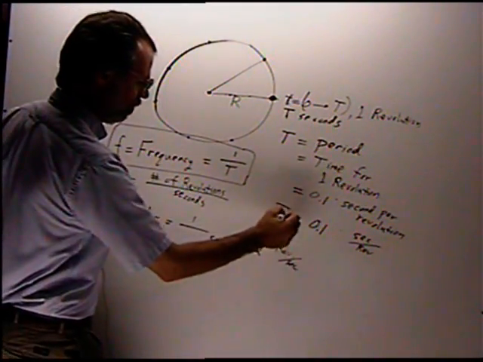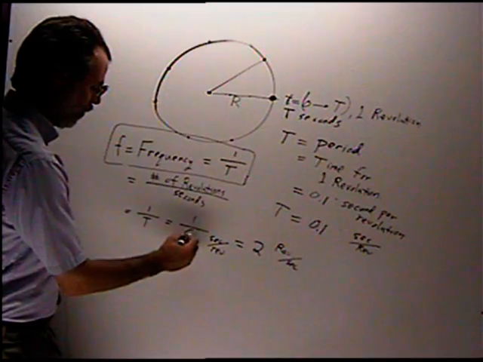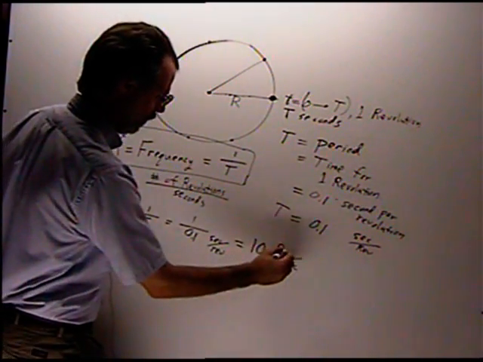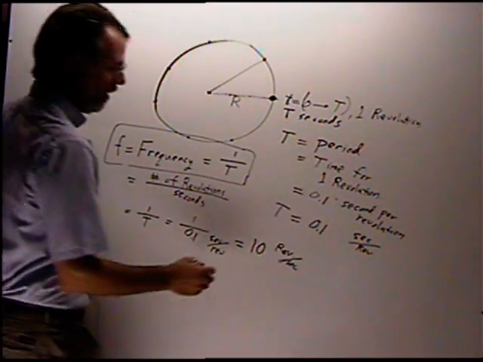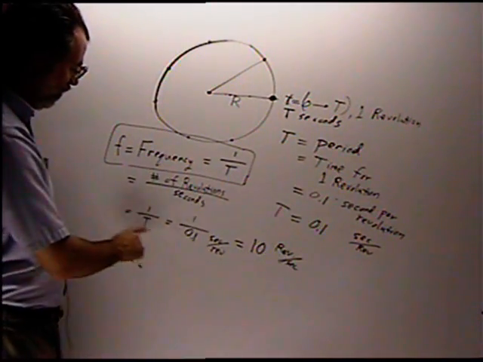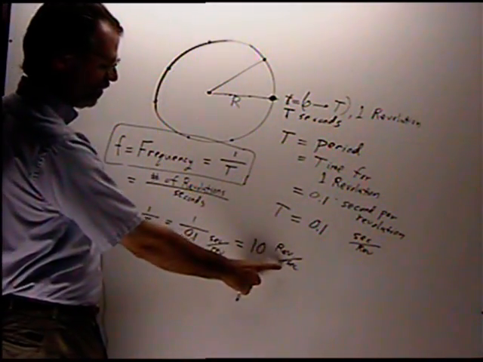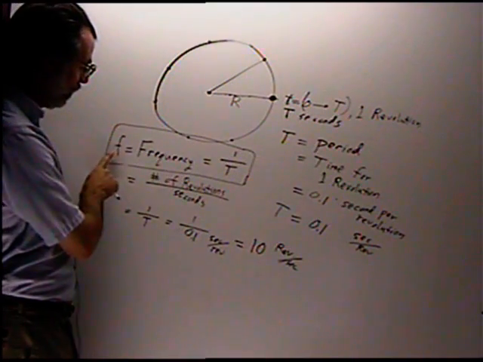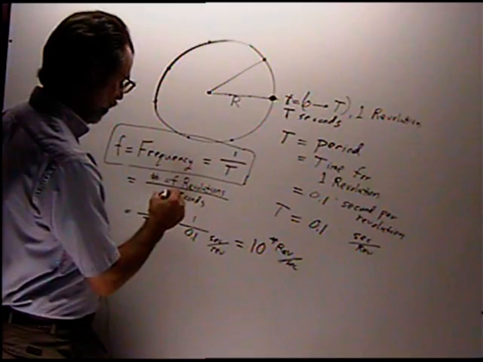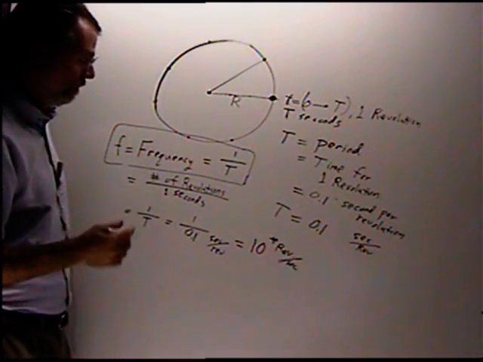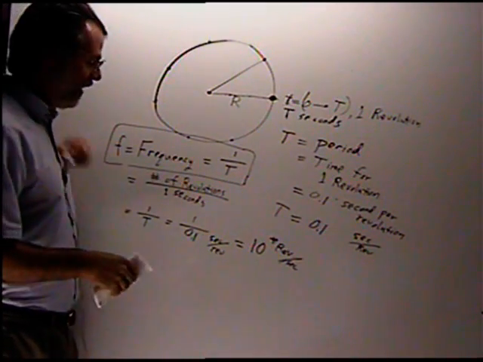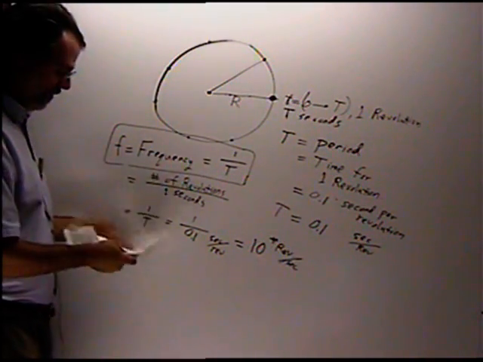The period is 0.1, and 1 over 0.1 is 10, which makes sense. It makes one revolution in 0.1 seconds, so therefore it makes 10 revolutions in 1 second. So that's what the frequency is: the number of revolutions per 1 second. All right, now that we have that down, I'm going to erase this right now.